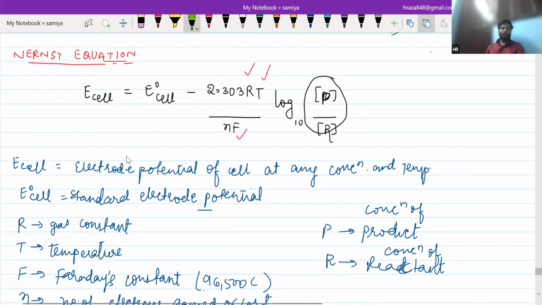This equation is called the Nernst equation. And let me know when you are done with this.